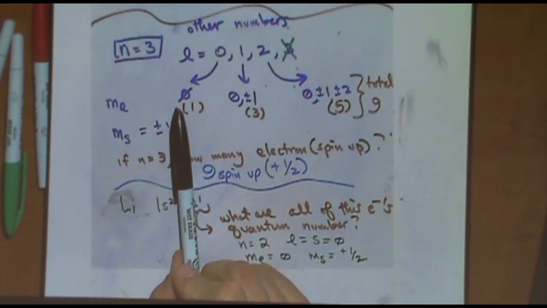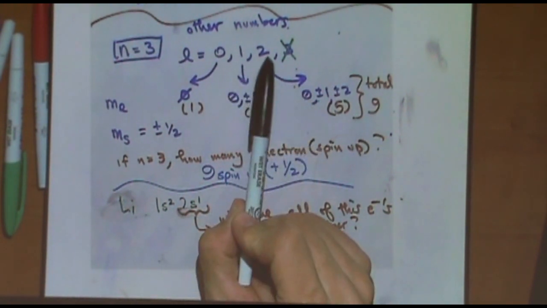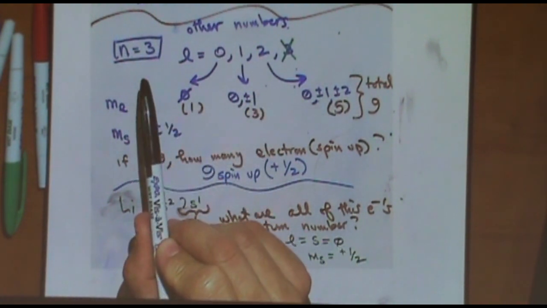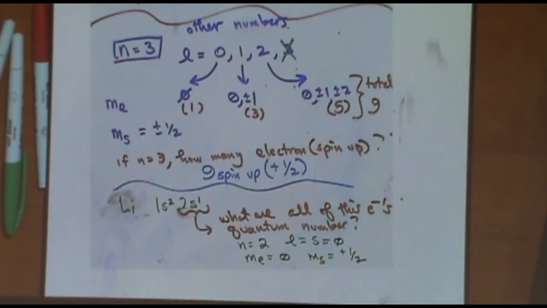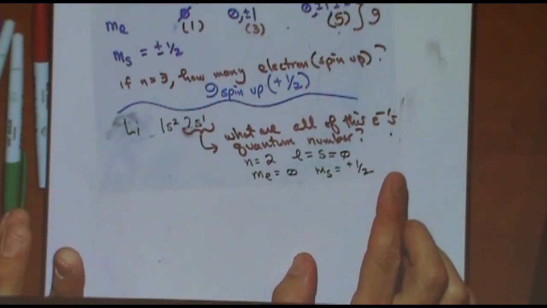Yeah, because this 0 goes with that one, this 0 goes with that one, and this 0 goes with that one. So they are independent zeros, or they're associated with different l values.